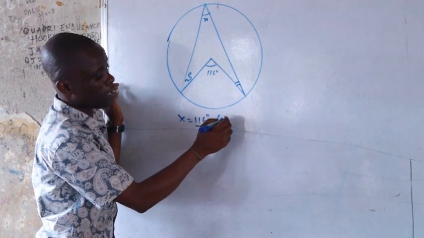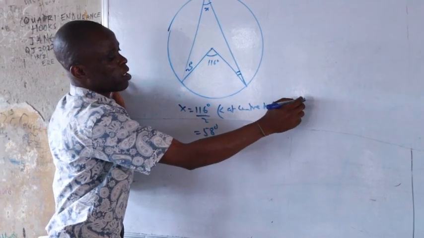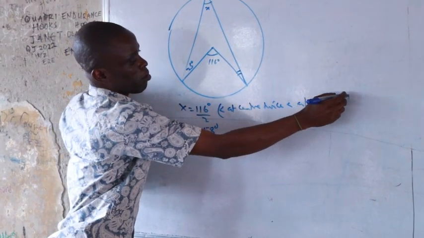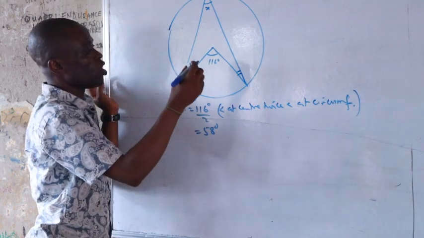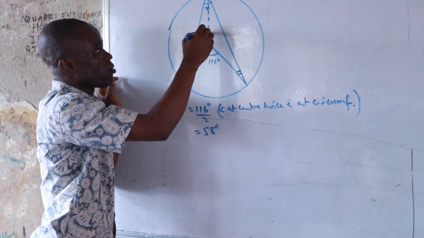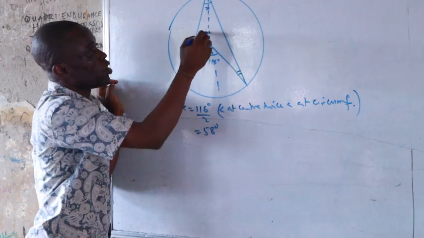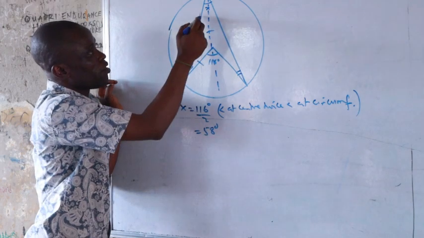Angle at center twice angle at circumference. So if this one is 58, I will construct so that this one will give us radius. As this one is 25, this is 25.